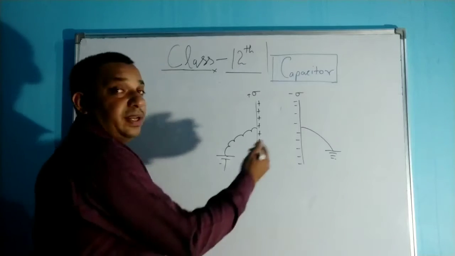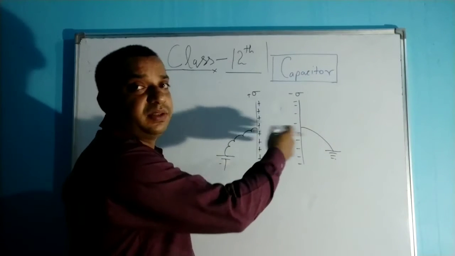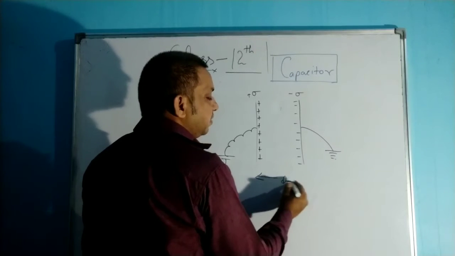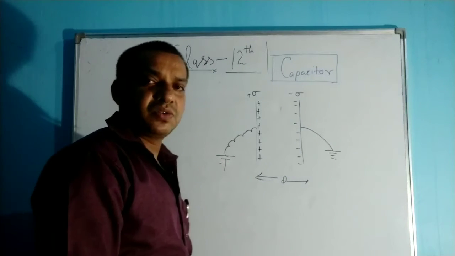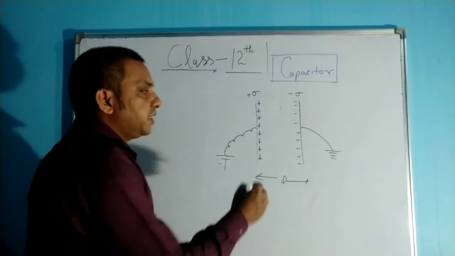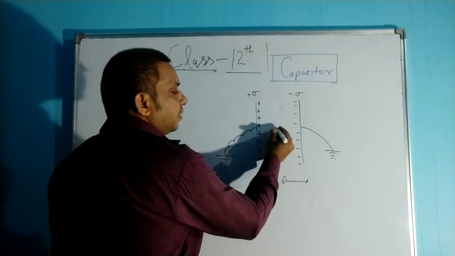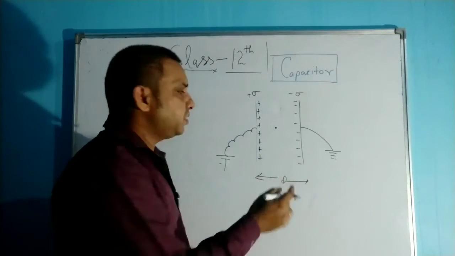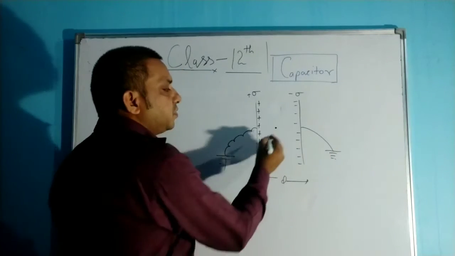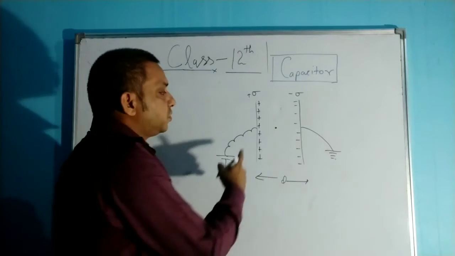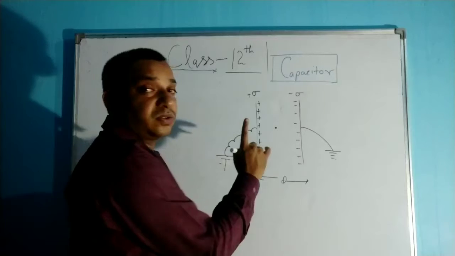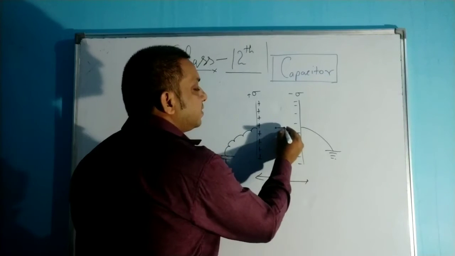So what is the electric field present in between these two plates? What is the procedure to find the electric field? We have to take the test charge and place it anywhere, because for the thin sheet it is independent of the position, so you can take the point P anywhere. If you place a test charge here, because of this positive plate, the direction of the electric field is in this direction.